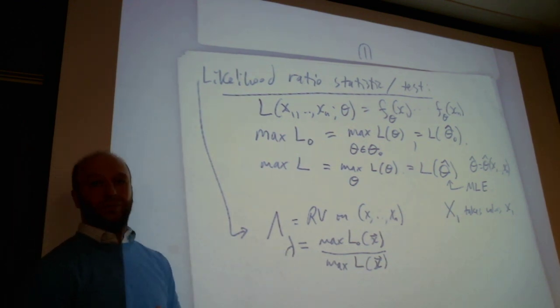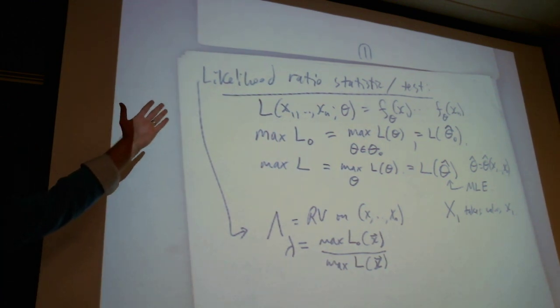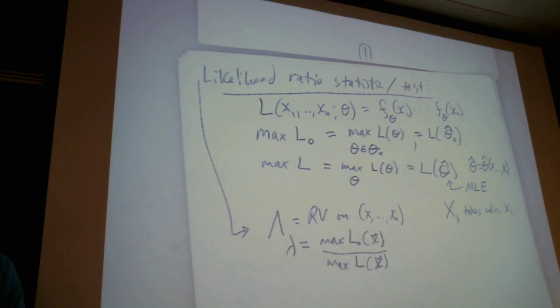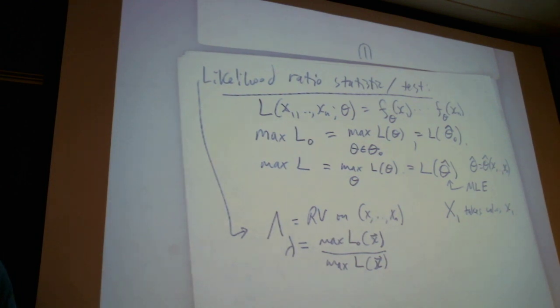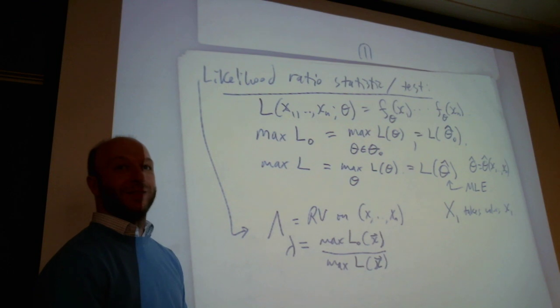This will also lead to critical regions, the likelihood ratio test, which will be a nice critical region. I don't know why you're dividing it like that, but if you're going to explain it, then yes, sure. I'm going to sketch, if I have time, Wilks' theorem, which tells you what the distribution of this random variable is asymptotically.